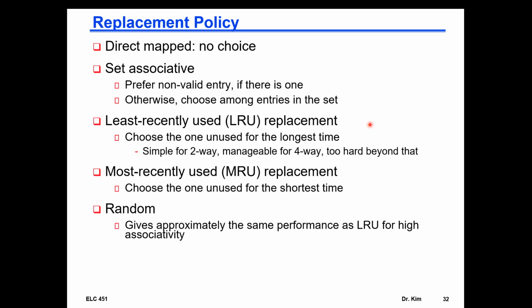Essentially, you go around the sets and just replace the next one in turn. That also is very simple, but of course it's not going to give you the same performance as LRU, because LRU takes into account that you are going to replace the block that has been there stale the longest, but you do have to keep track of that. So that is the replacement policy, which is an important design consideration only when you have associativity, when you have to choose which block to replace.